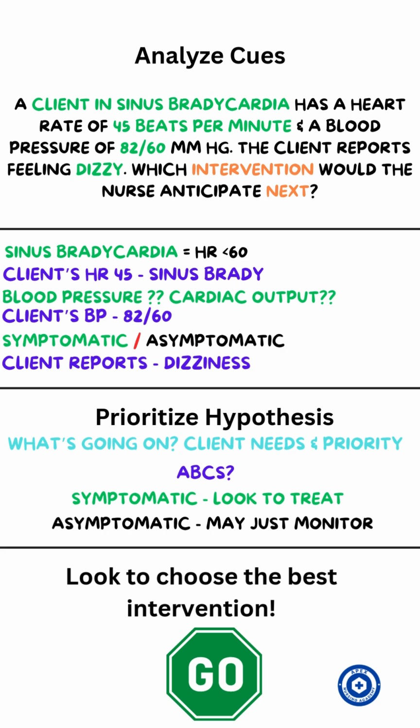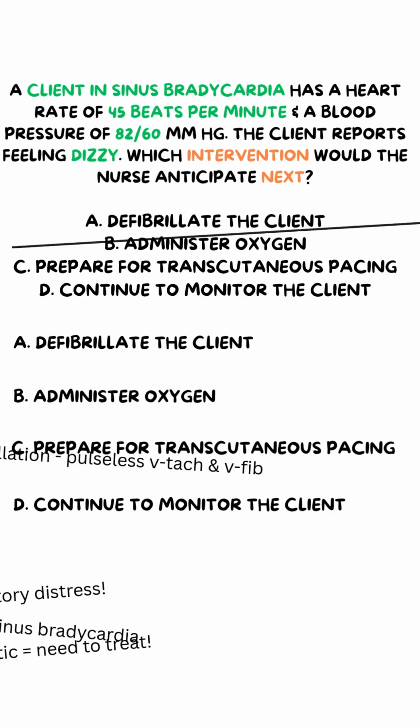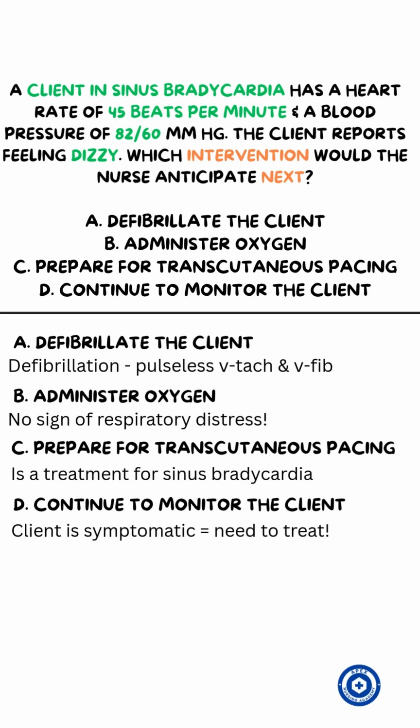We're prioritizing our hypothesis, and that just means we're thinking about what's going on. We're thinking about client needs and prioritizing them, thinking about your ABCs: airway, breathing, circulation. Is it symptomatic? Remember, I said we look to treat symptomatic; asymptomatic, we may just monitor. Now we have all of that in the forefront. Now we can look at our interventions and choose the best intervention.